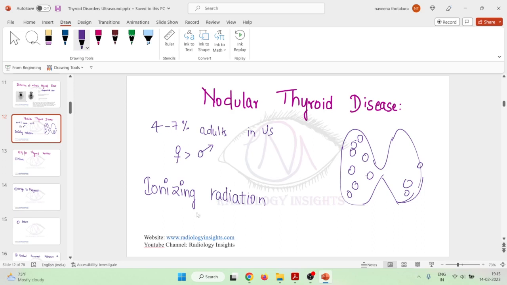Whenever we have exposure to ionizing radiation, it will increase the incidence of either benign nodules of the thyroid or malignant thyroid nodules. Ionizing radiation will result in nodular disease in almost 20 to 30% of the population who are exposed to it.